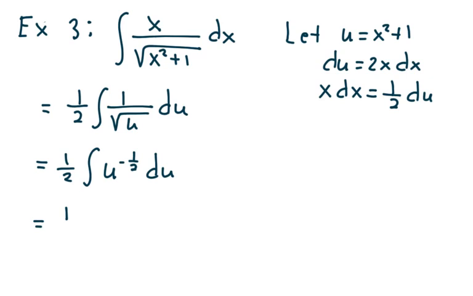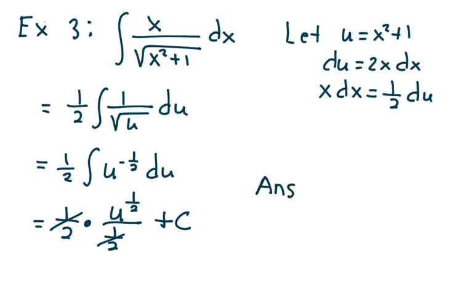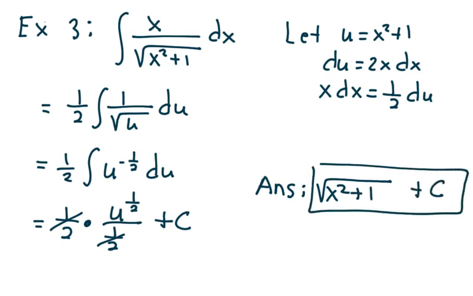And so this is 1/2 times u to the 1/2 divided by 1/2 plus c. But as you can see, the 1/2s should cancel, right? And so the answer here is the square root of x squared plus 1 plus c. And that is a totally acceptable way to do this type of question.